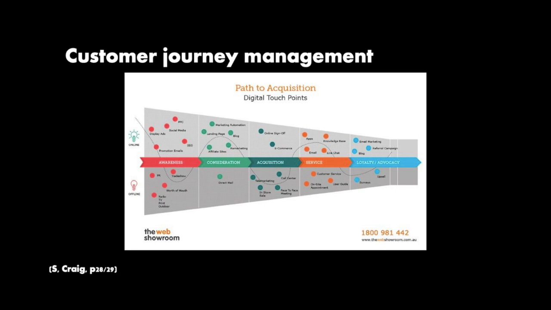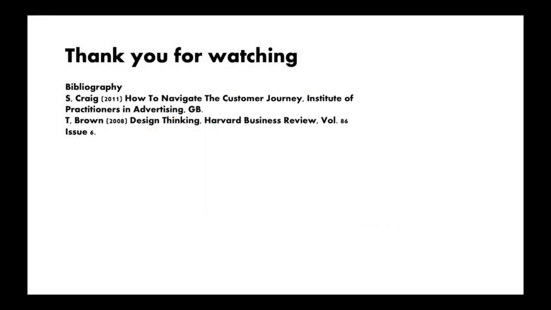It starts at awareness: display ads, promotion, emails, billboards, radio, TV; to consideration: blogs, marketing, affiliate sites; to acquisition: e-commerce, online sign-ups, face-to-face marketing, service, apps, email, live chats, customer service, on-site appointment, user guide; to loyalty: email marketing, referral campaigns, blogs, upsell. These all link into one another, and loyalty to acquisition. Thank you for listening.